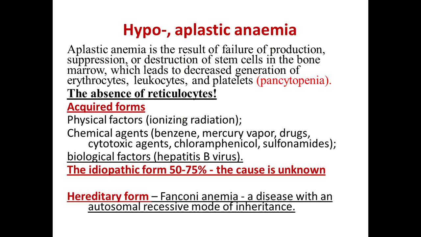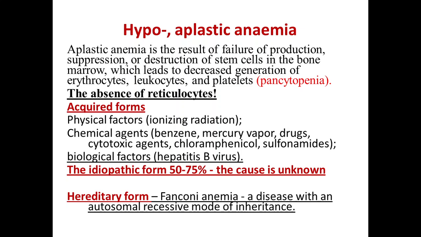Hypo or aplastic anemia can be acquired and can be inherited. Acquired forms can be caused by physical factors like ionizing radiation, chemical agents, often drugs, and biological factors, for example, hepatitis B virus.